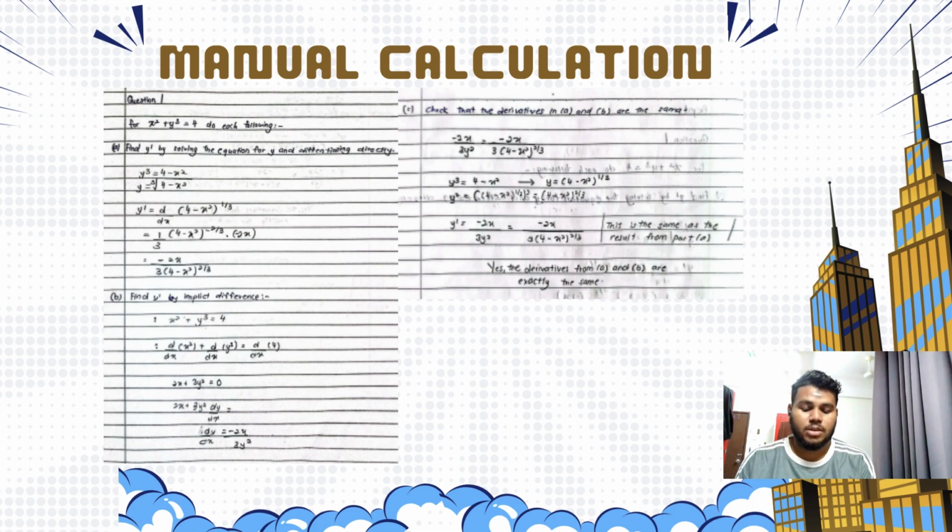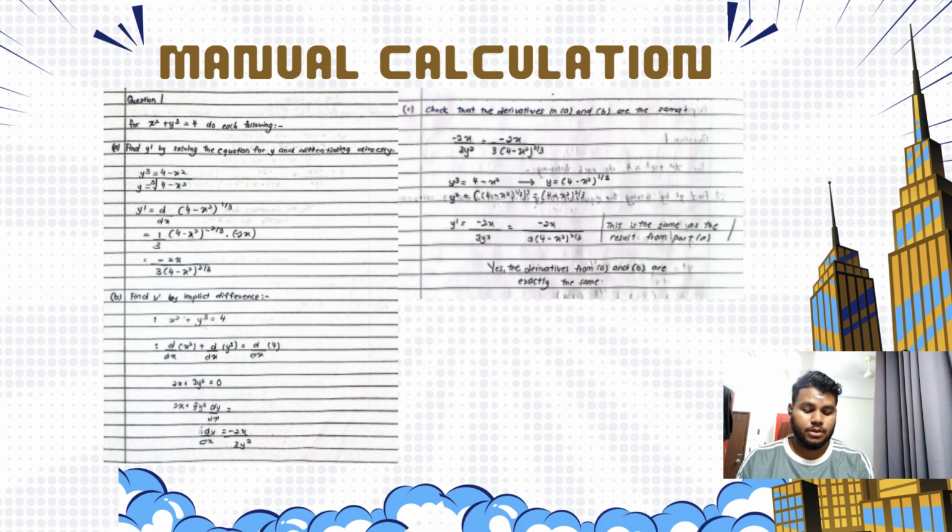Then we go to question B. Find y prime by implicit differentiation. So we take the equation, then we differentiate each term, and the constant. The answer we get is 2x plus 3y squared y prime equals 0.